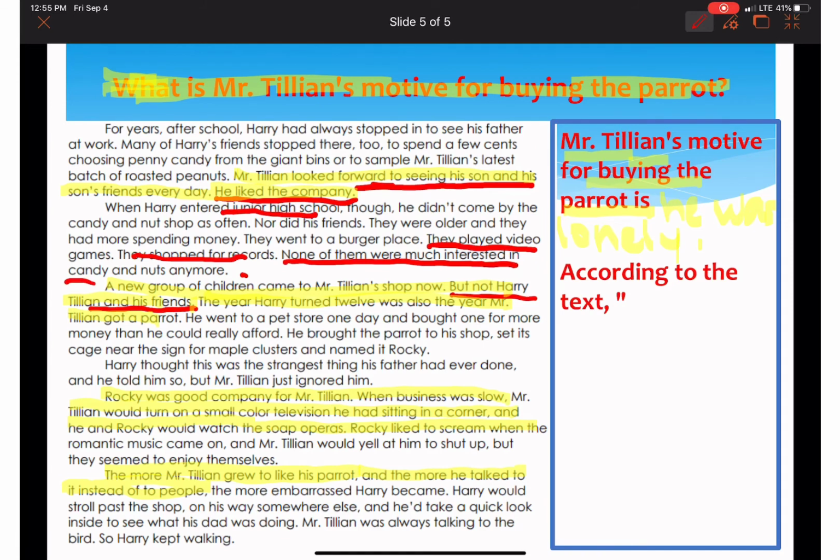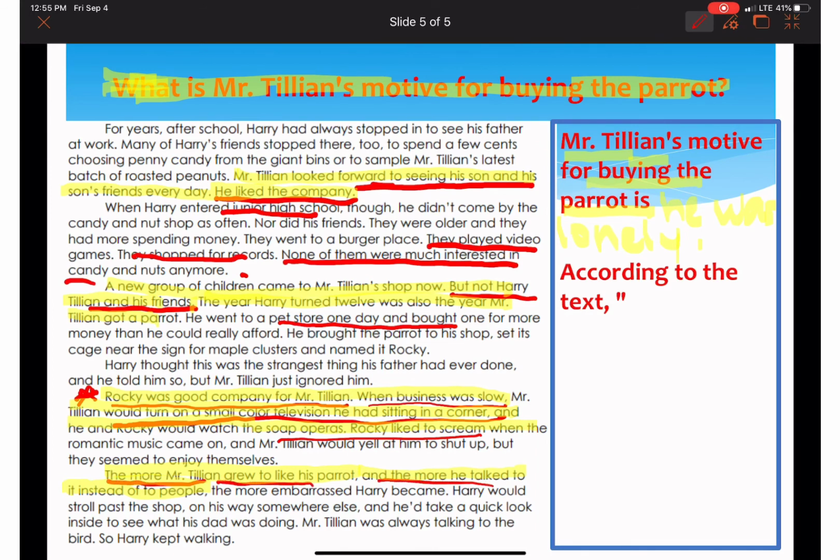Down here, it says that the parrot, who's called Rocky, was good company for Mr. Tillian because when business was slow, he would turn and talk to him the whole time. It also says the more Tillian grew to like his parrot, the more he talked to him. So I know he was lonely because he liked his kids' company and then they stopped showing up. So Mr. Tillian's motive for buying the parrot is he was lonely.